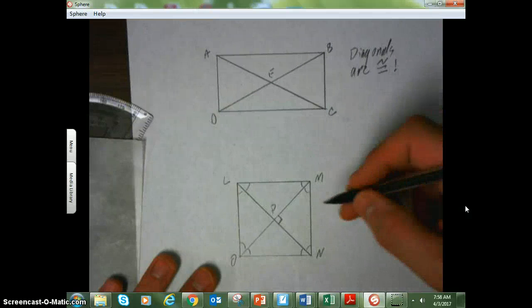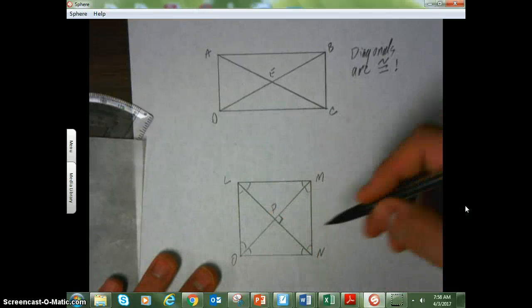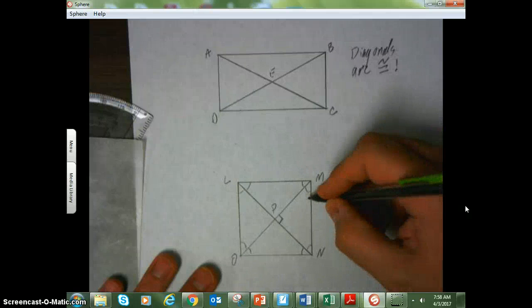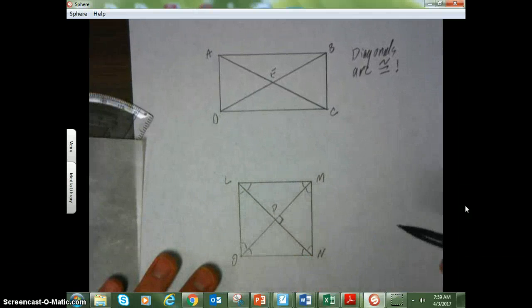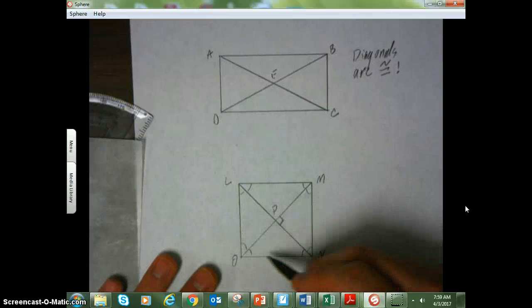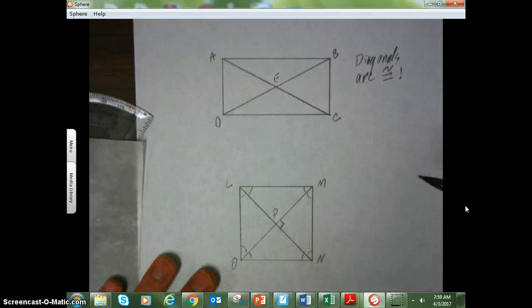So all of the interior angles will get bisected equally by the diagonals, which essentially gives me four 45, 45, 90 triangles inside of the square with which to work if I needed to.